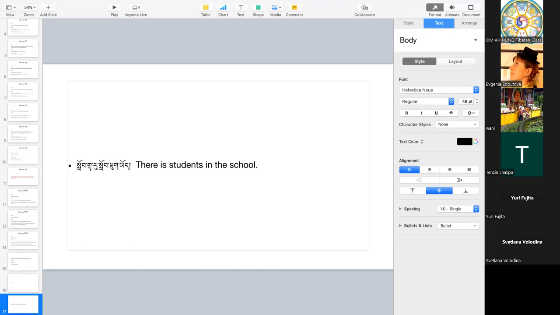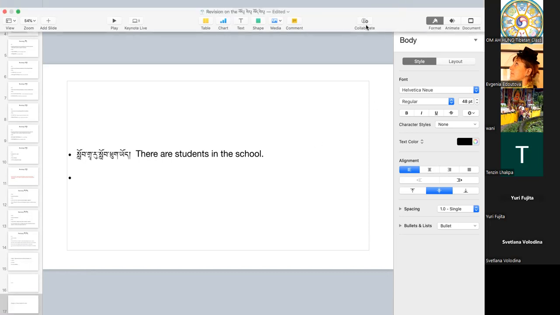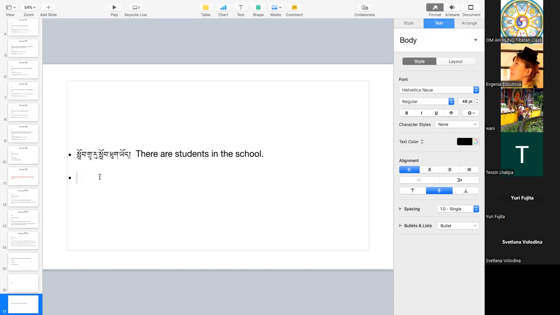So there are students in the school. So we are confirming the existence of students at the school. So the components of this type of statement. We're going to stick to statement.